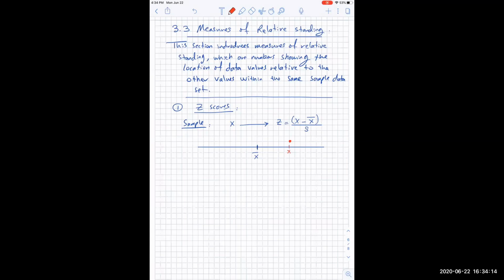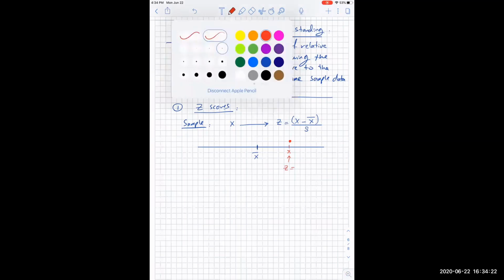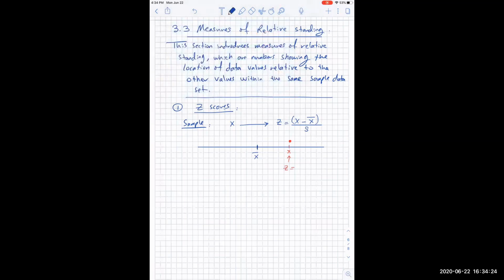So I find the z-score. Let's use some numbers here. Suppose that the mean is 8. And let's say that the data value I'm showing you here is 10. And let's say the sample standard deviation is 1.5.